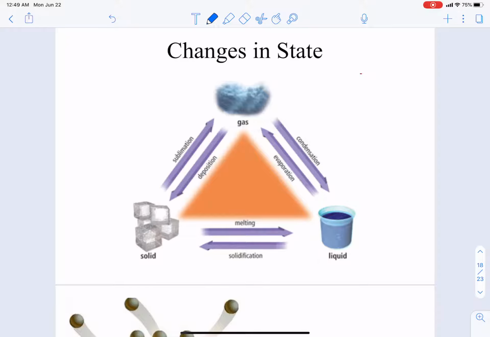And that brings us to the change in state triangle. So we know that if we want to go from a solid to a liquid, that's called melting. We all know that one. And if we go from a liquid to a solid, we generally call that freezing. But in chemistry or in science in general, we call that solidification.